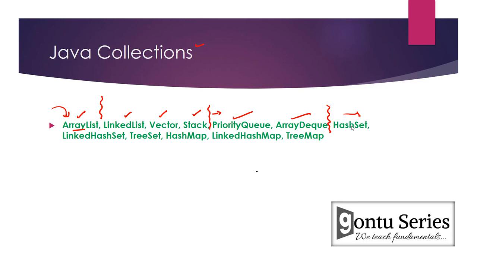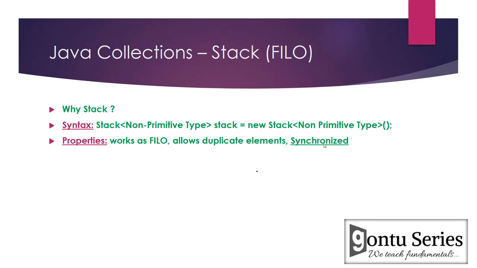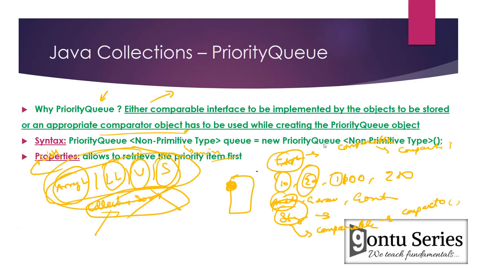But before I start with HashSet, LinkedHashSet and later topics, let me talk about an important point regarding PriorityQueue, which we discussed in the last session. Yesterday I said that in PriorityQueue it's mandatory that every user defined object that you create has to implement the Comparable interface.